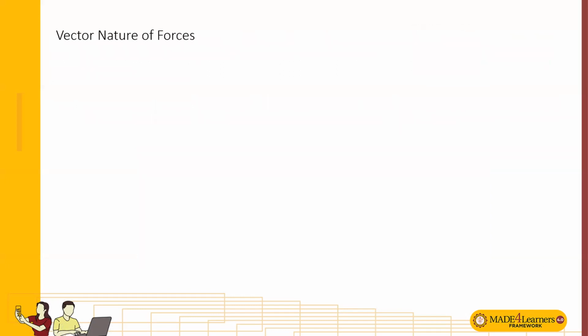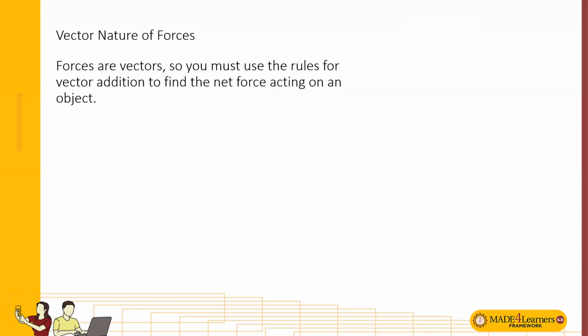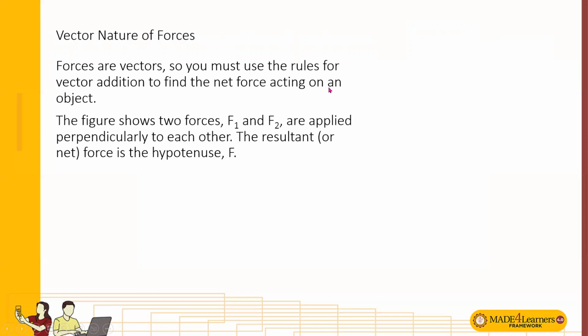Since force is a vector quantity, it has both magnitude and direction. If you are given more than two forces, we're going to use what we learned in lesson one. Use the rules for vector addition to find the net force acting on an object.